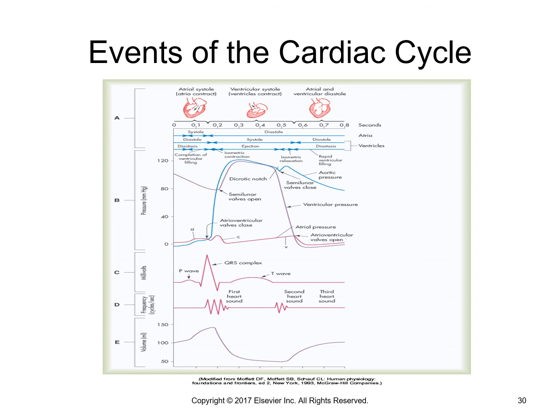Looking at the bottom of the chart, E represents the volume of the blood, D represents the frequency related to the heart sounds, how they're amplified, C is an EKG strip or ECG tracing, B looks at the different pressure changes being reflected, and A is the timing of events when we have systole and diastole in the atria and the ventricles.